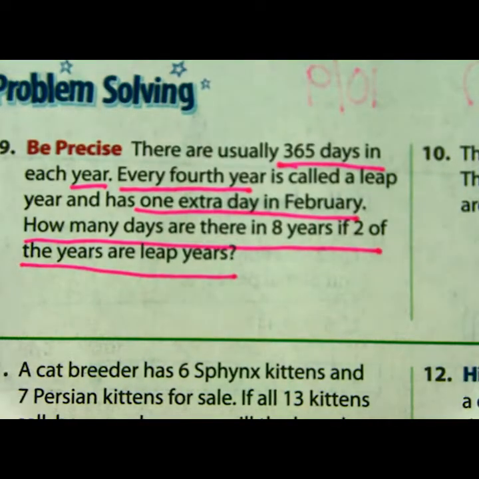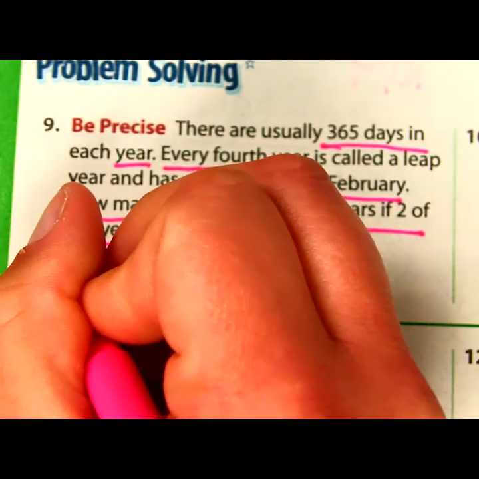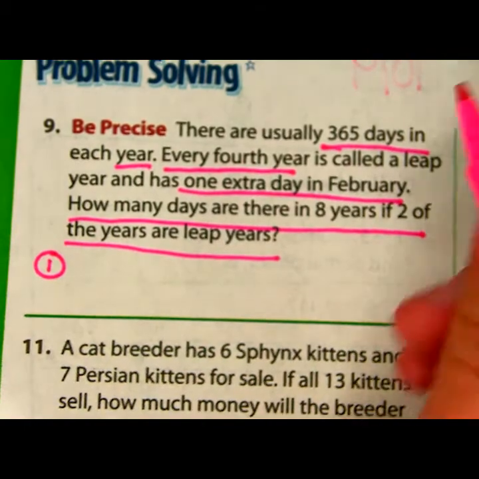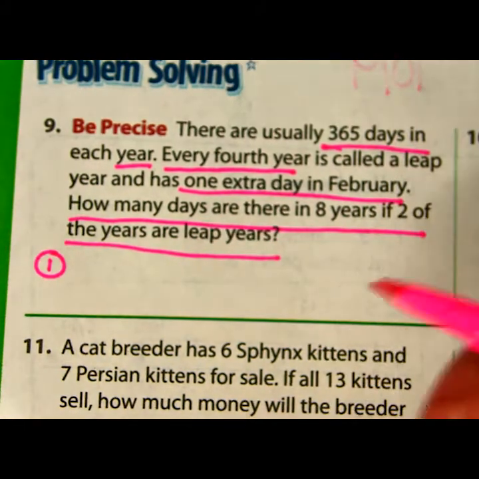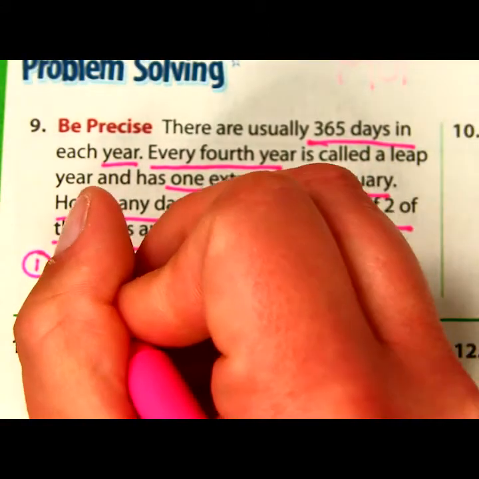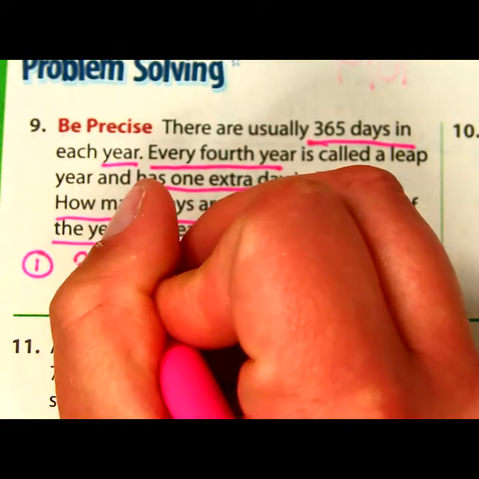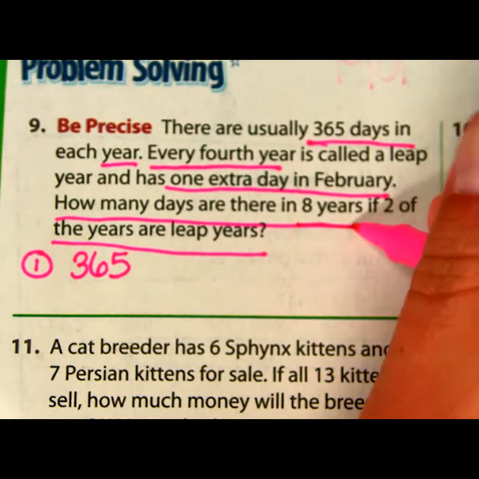So, 2-step problem here. You need to find out how many days there are total in 8 years. So we would do that by multiplying 365 times 8 years, so times 8.